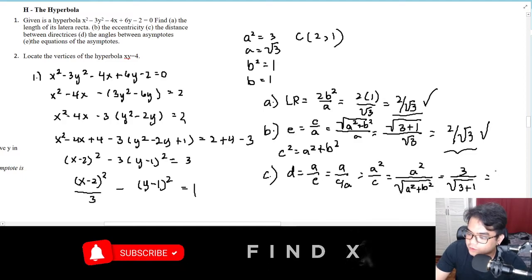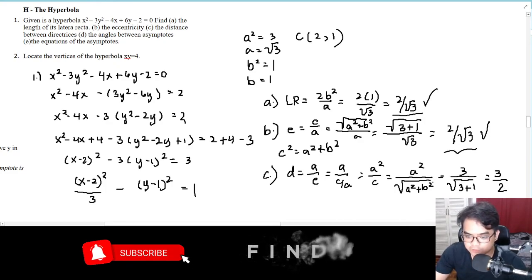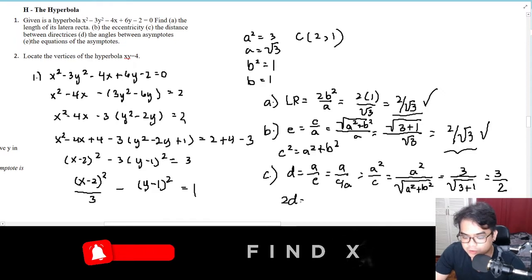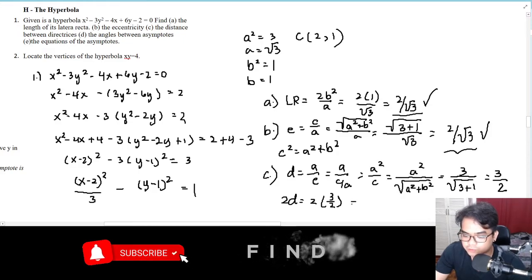So this is 3 over 2, but you have to multiply that by 2. So 2d equals 2 times 3 over 2. Cancel out 2, so the answer is just 3.